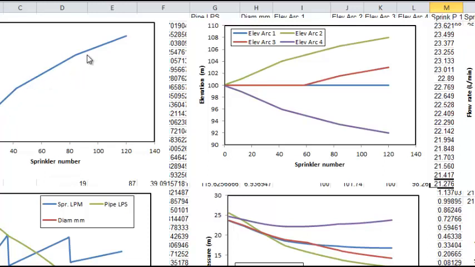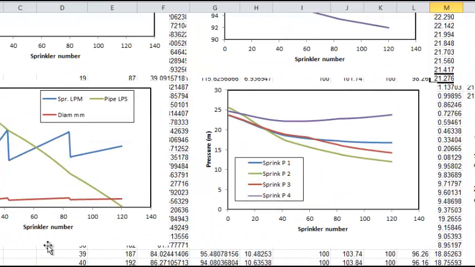You can see that the slope changes, sprinkler number versus distance, and the reason for that is they're more widely spaced at the beginning, and then they become closer and closer together. And then these are the sprinkler liters per minute flow rate based on their distance from the pivot. And this is the diameter of the pipe, and this should actually be up here. This is a mistake, but it decreases towards the end. And then this is the liters per second in the pipe as you go out.